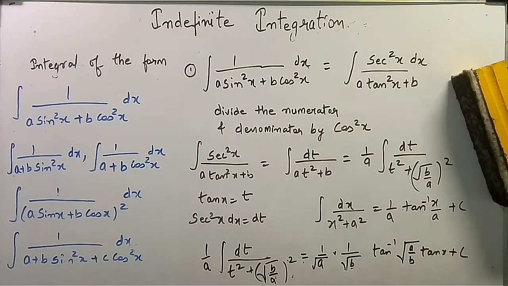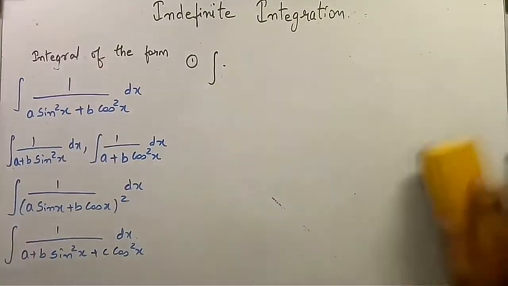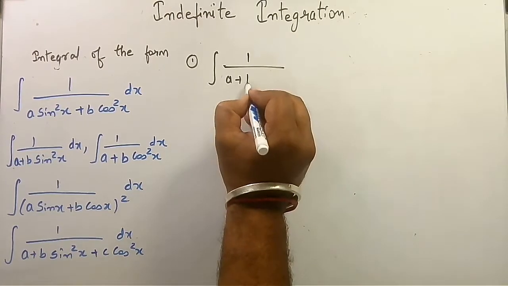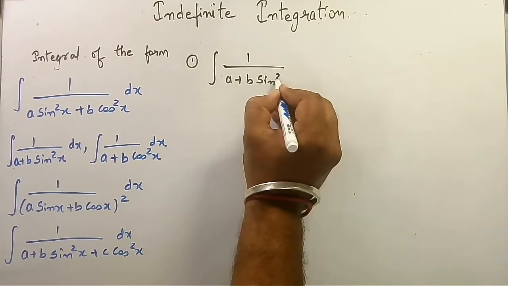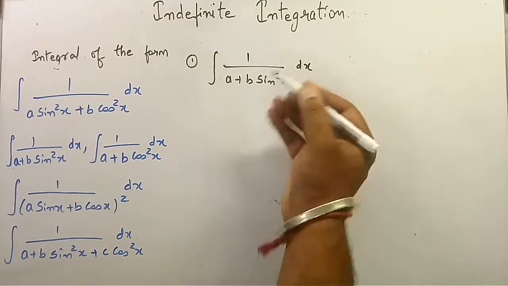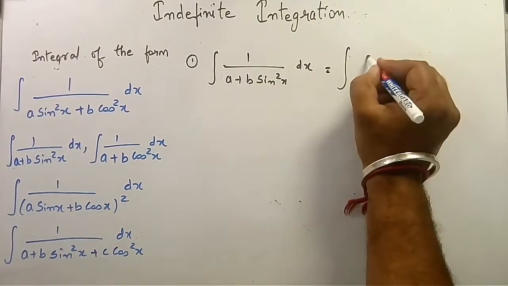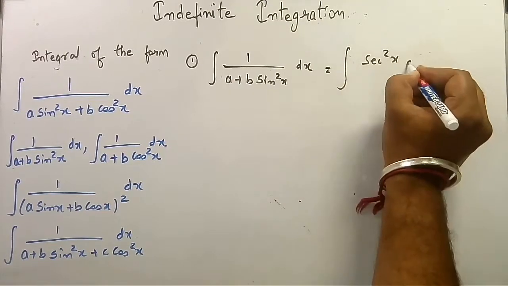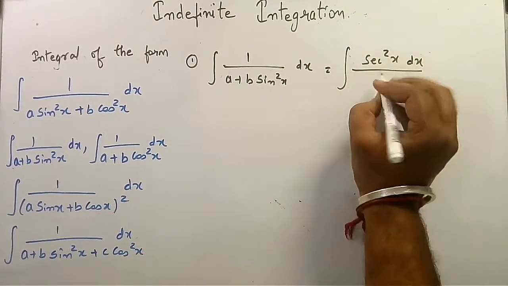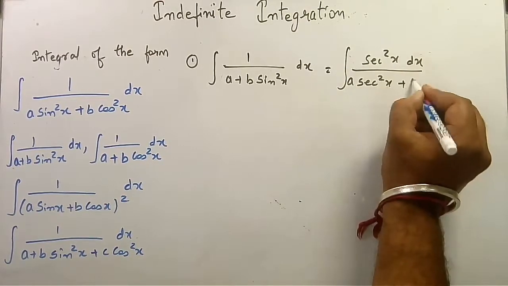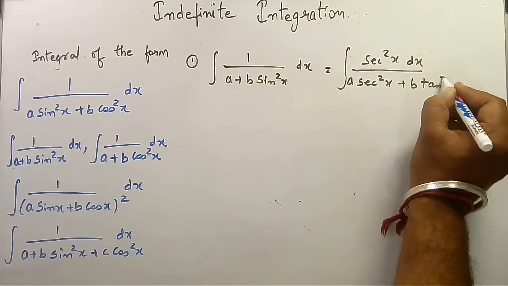Now we are moving to the second type, that is 1 by a plus b sine square x. Now what is the first step? Divide the numerator and denominator by cos square x. So you will get sec square x dx upon a sec square x plus b tan square x.